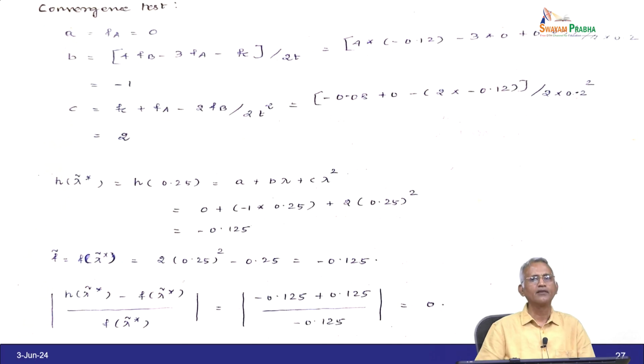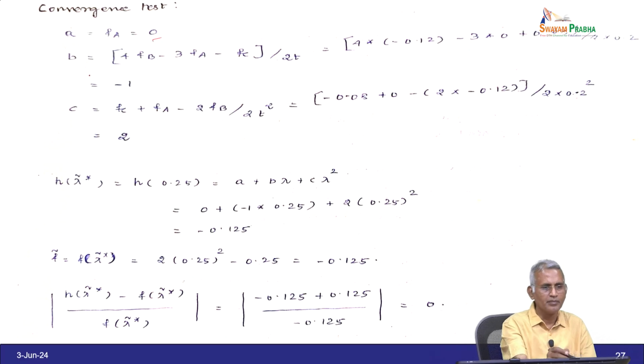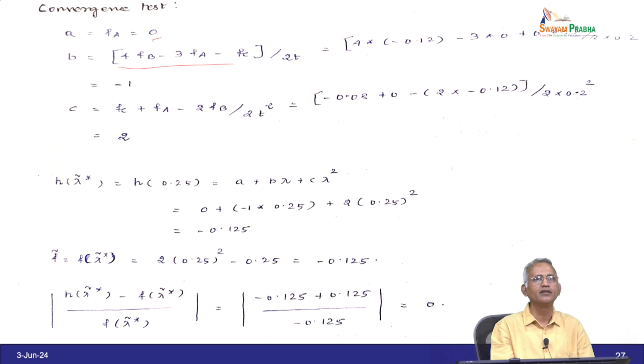Now, for the convergence test, A equal to FA equal to 0 and B equal to 4 FB minus 3 FA minus FC by 2T. FA known, FB known, FC known and T known, substitute it, you get B value minus 1 and C equal to FC plus FA minus 2 FB by 2T square. So, we have 2.